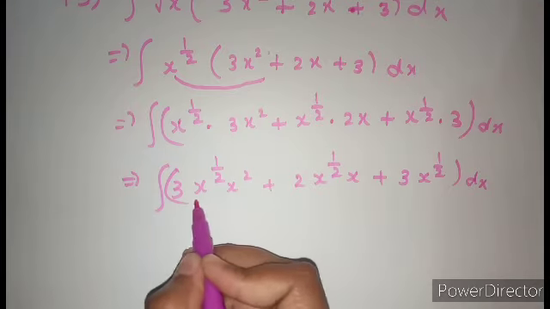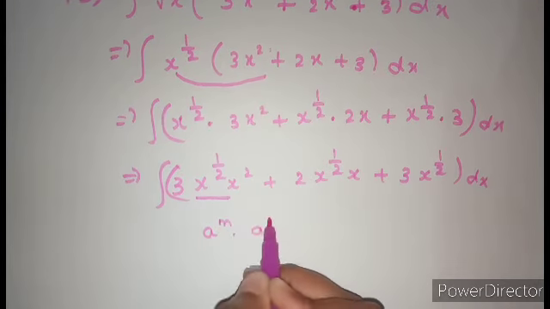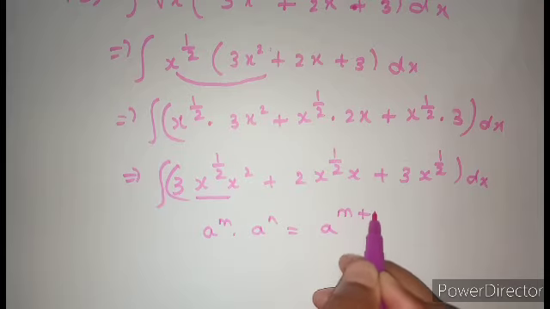Again this is of the form a^m × a^n. a^m into a^n is a^(m+n).